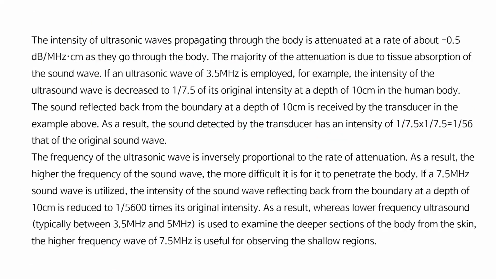The intensity of ultrasonic waves propagating through the body is attenuated at a rate of about minus 0.5 dB per megahertz centimeter as they go through the body. The majority of the attenuation is due to tissue absorption of the sound wave.